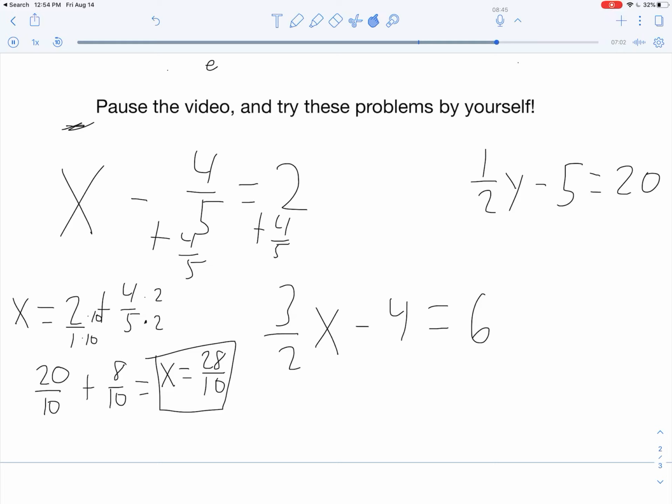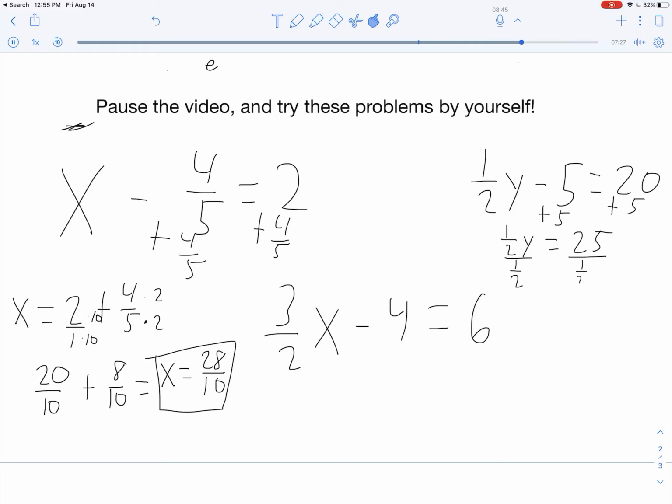Alright, let's move on to the next question. So here we have 1/2 y minus 5 is equal to 20. So, since we're subtracting 5, we're going to add 5 to both sides. 1/2 y is equal to 25. Now, we're multiplying 1/2 and y, so that means we do the opposite, and we divide both sides by 1/2.